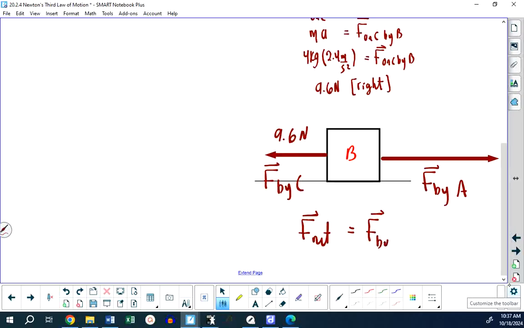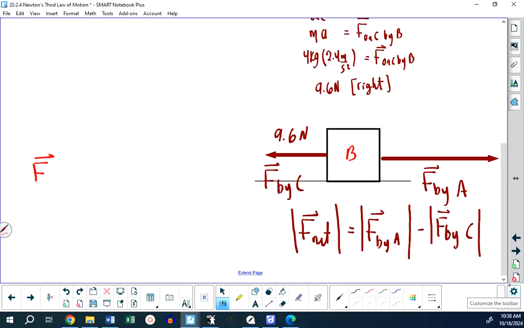Well, I guess we've got to do this properly. We know that the magnitude of the net force is the magnitude of the force to the right minus the magnitude of the force to the left. In other words, the net force, everybody, you can not write this down if you like. Just hold off on writing it down.